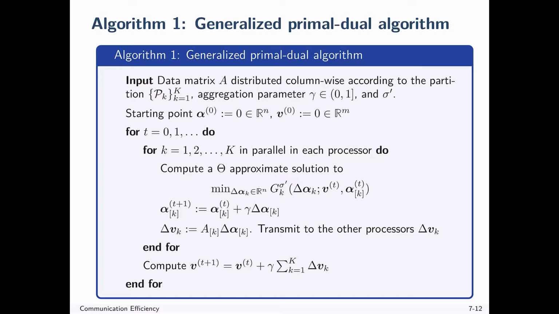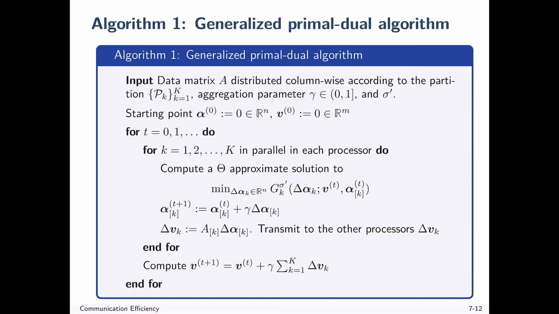For every k, every node does this minimization, having as input V_t and alpha_t, and then finds the delta alpha_k, which is then used here. There is a little typo again; it should be with a parenthesis.